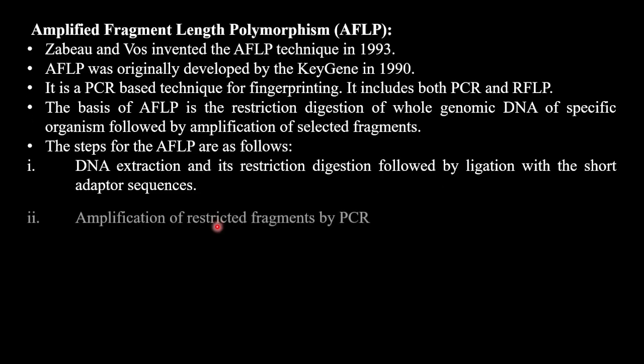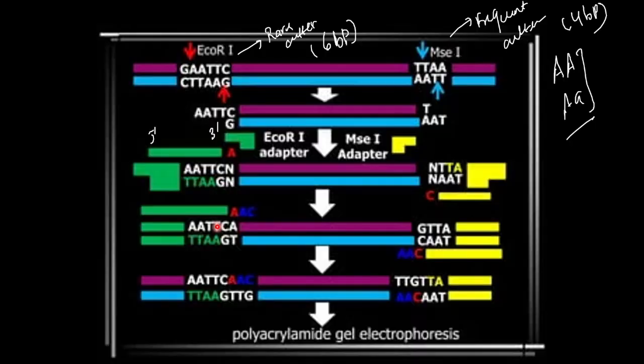Now the third technology is AFLP. In this particular technique, you are using a rare cutter restriction enzyme and another, a frequent cutter. Whenever you use a combination of restriction enzymes, one should be a rare cutter, recognizing a 6 base pair sequence, and one should be a frequent cutter, recognizing a 4 base pair sequence.